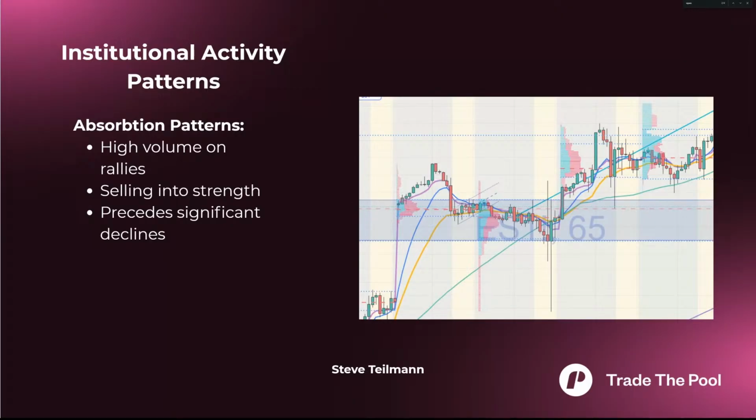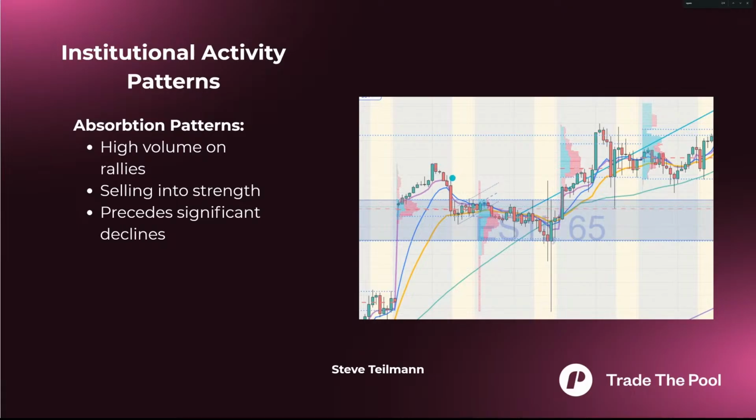You're going to get that high volume but a lack of follow through. For example, we had this gap up here, and pre-market we're running up and it looks strong, but it's fake strong.